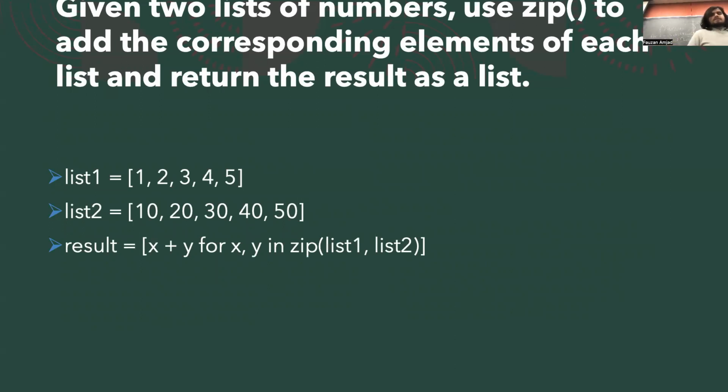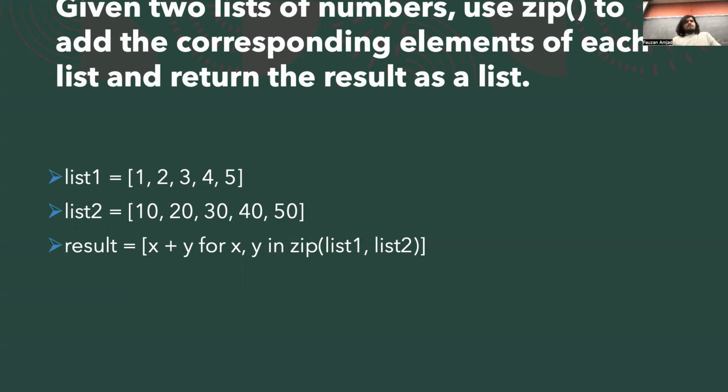So we're not leaving our list comprehensions in the past, we're bringing them in. Again, there are easier ways to do this, but I'm just illustrating how you can use the zip function practically.